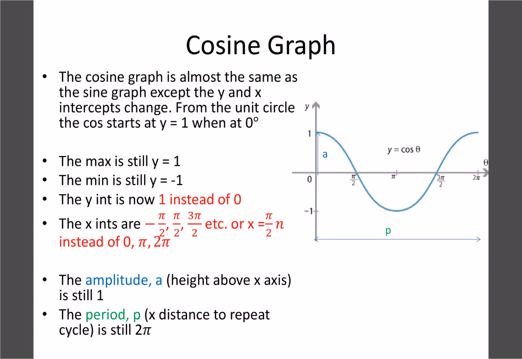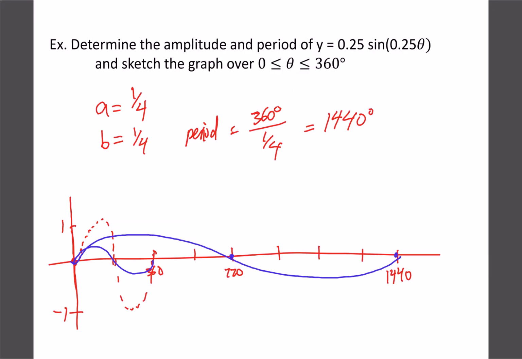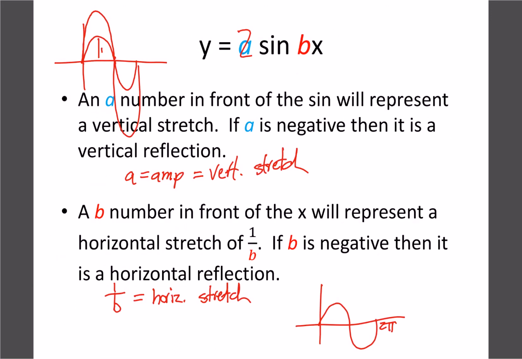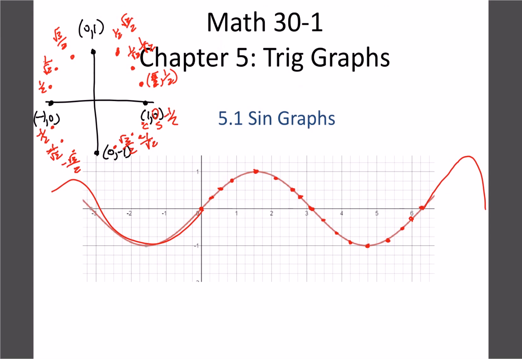Okay, our next little topic now is just to see how a cosine graph is different. If we go back to our unit circle, let's go back to the title page. We saw that with our unit circle, the second coordinate was our sine value. Our cosine value is the first coordinate. So our cosine is going to start at 1. Then we're going to go down to 0. We go 1 to root 3 over 2 to 1 over 2 to 1/2, and then eventually 0.